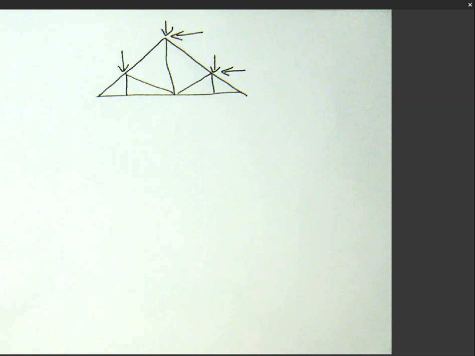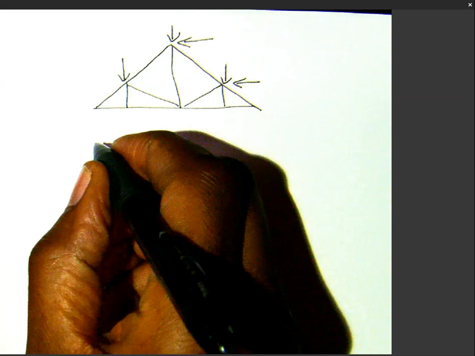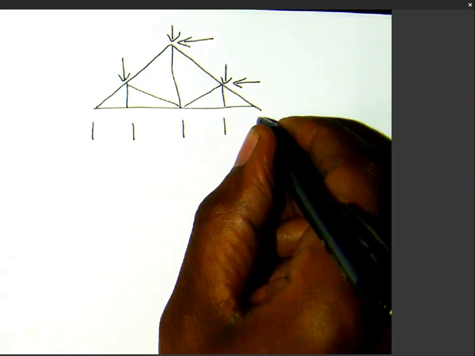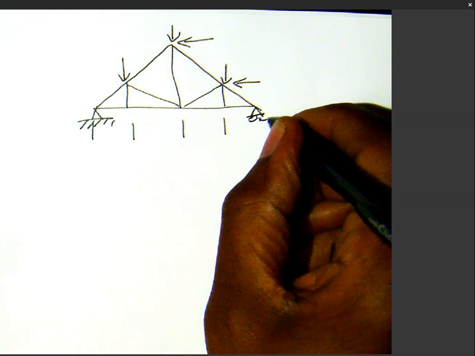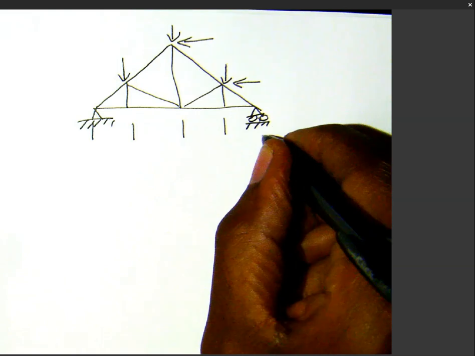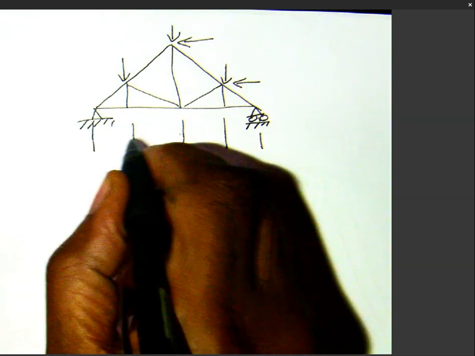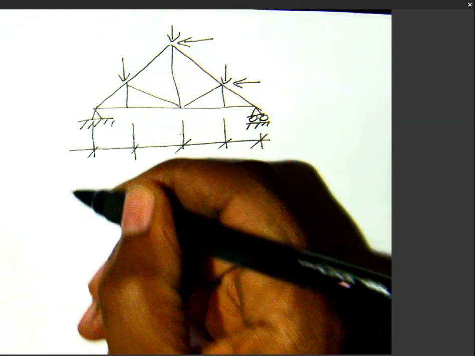Okay, distances. Let's just use any distances, but before I do that, it's a pin reaction. It's a roller. 3 reactions in total. Not more than 3, because if you have more than 3 reactions, then you are dealing with an indeterminate structure.